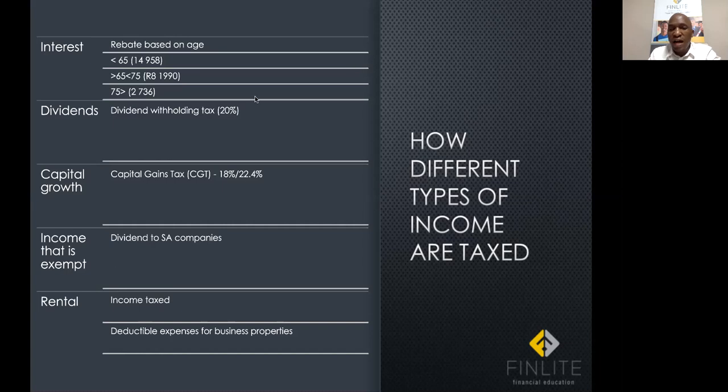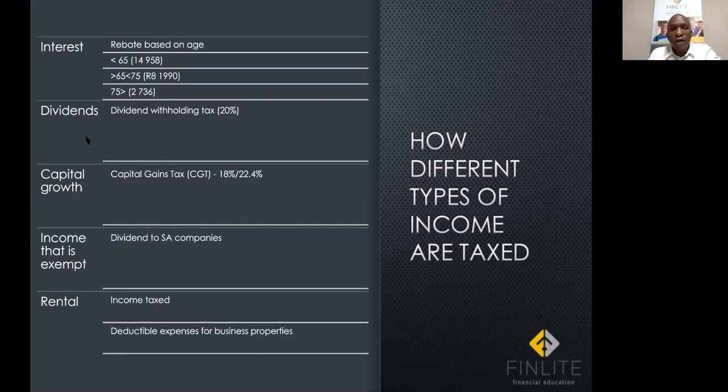These rebates are in relation to interest. So the first 14,958 per annum for people under 65 is not taxed, it is considered a rebate. Whatever tax you've calculated per annum for interest, because interest is taxed, or is included as part of your income, the first 14,958 is given back to the individual as a rebate.